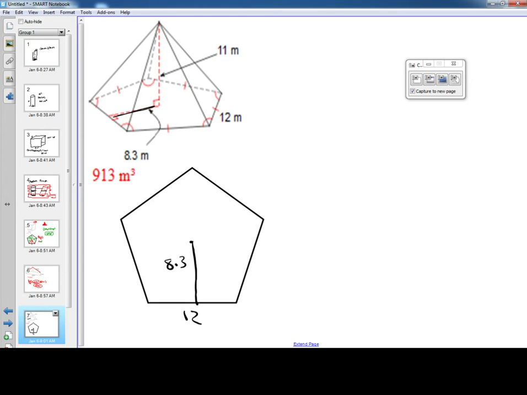So I can say, if I did this, that's a triangle. So my base would be 12 times the height of 8.3, and I'd have to divide that by 2, because that's a triangle. So 12 divided by 2 is 6. So 6 times 8.3 is 49.8 centimeters squared.